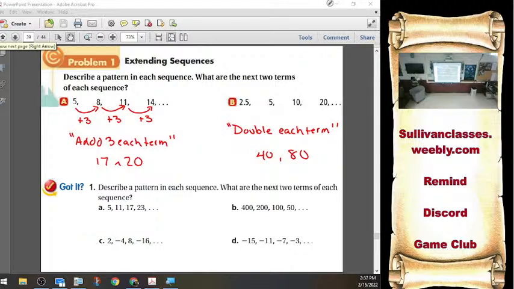Some got big numbers, some don't. All 4 of them, can you write not just what the next terms are, but can you articulate what the pattern is? Tell me they are adding, subtracting, multiplying, or dividing, or squaring, or square rooting. What are they doing every time to get from one number to the next? So you tell me what the pattern is, and then tell me the next two terms.